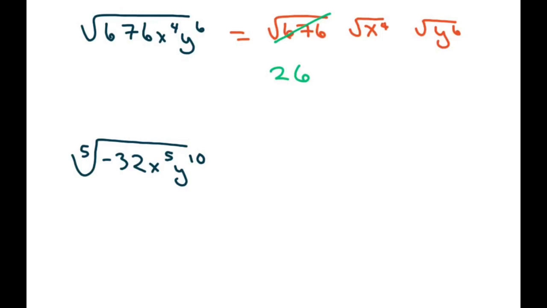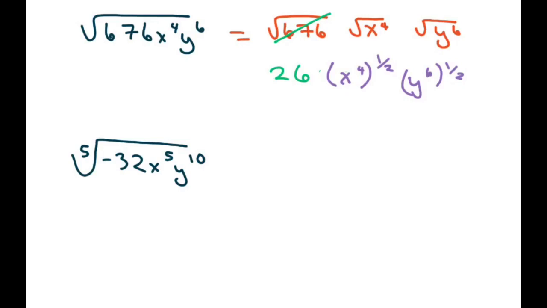I can write this as the square root of x squared to the square power if you want, but what I'd like to do instead is write it in rational form. So I'm going to write this as x to the fourth to the 1/2, y to the sixth to the 1/2.